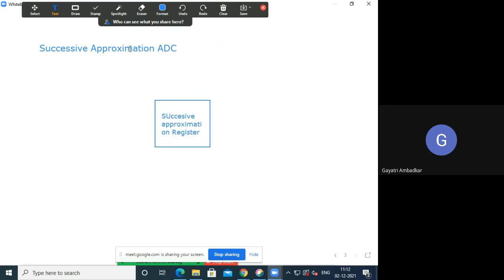You have a successive approximation register, and this register receives two signals.